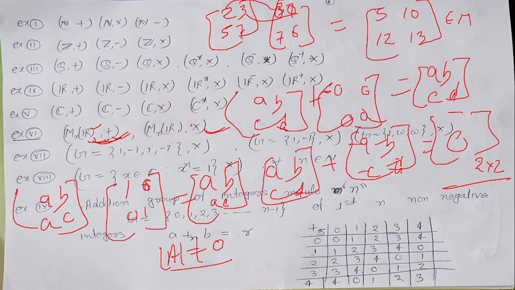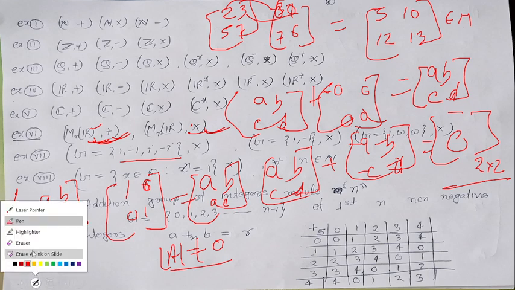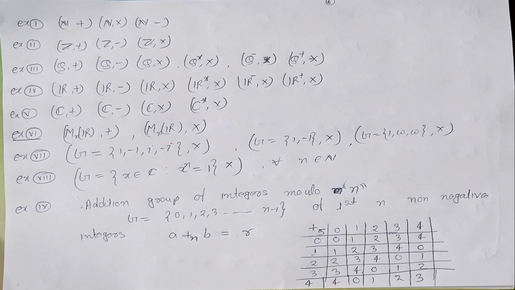So this forms a monoid as well as a semigroup, but cannot form a group because of that. For this, you may make a table for better understanding of this group.